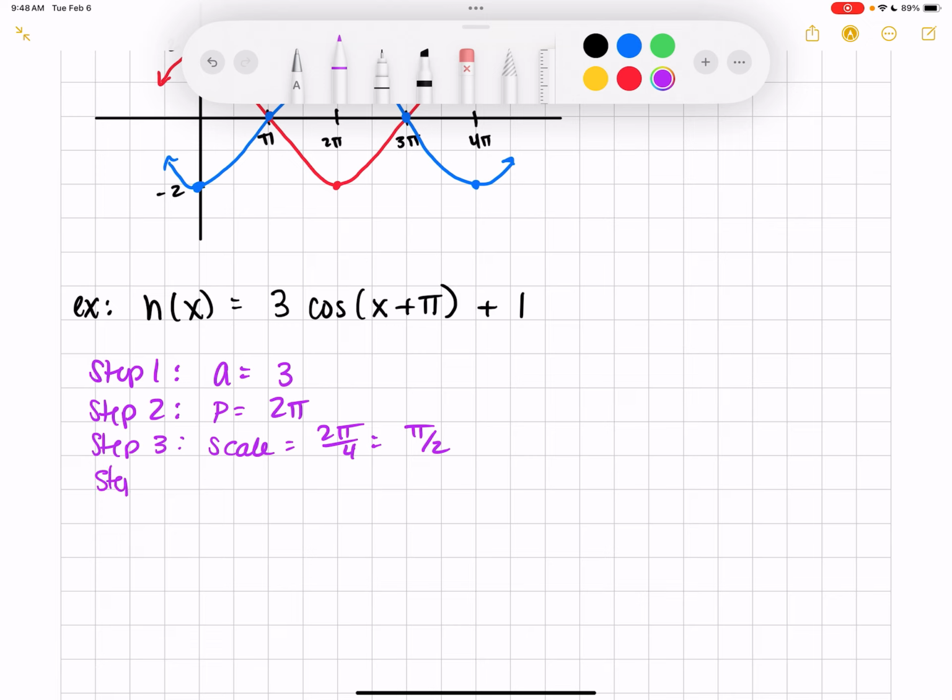Step 4, is this shifted left or right, and if so, by how much? Remember, that's the value inside the parentheses, and it goes opposite the direction of the sign. Left pi.